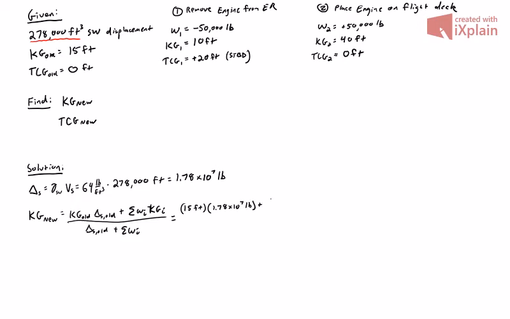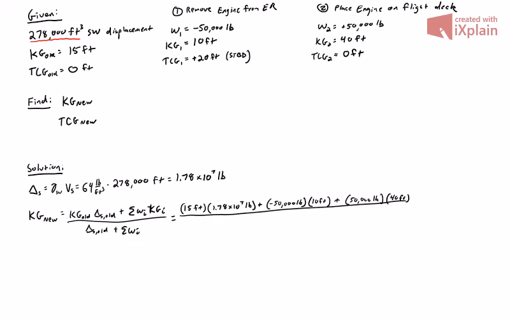So our first weight change was the negative 50,000 pounds from a position of 10 feet and a positive 50,000 pound addition at a position of 40 feet.